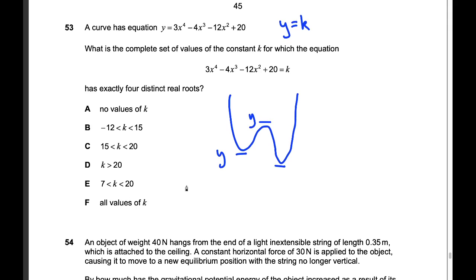So when I do this, I'm going to get dy/dx. I'm going to set it equal to 0. That's going to be 12x cubed minus 12x squared minus 24x.